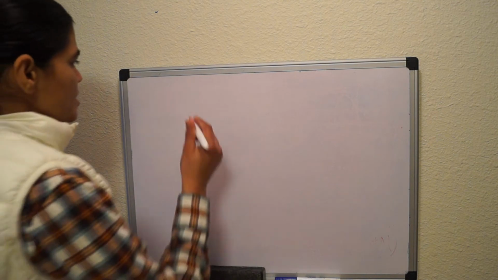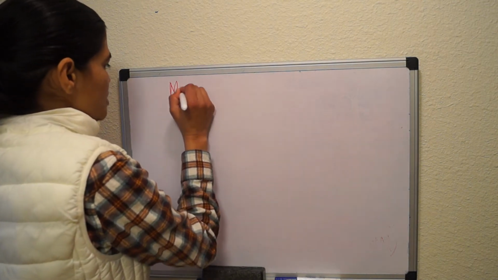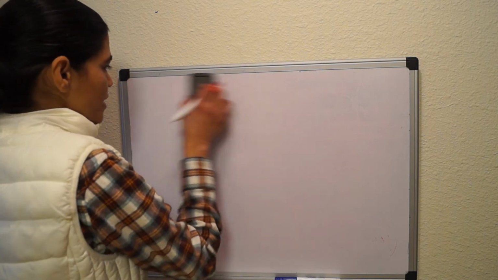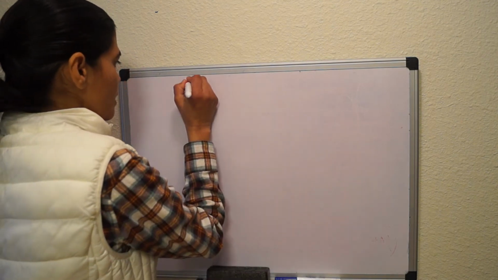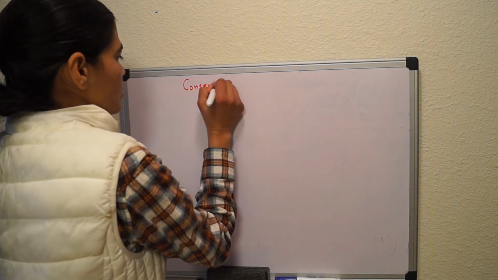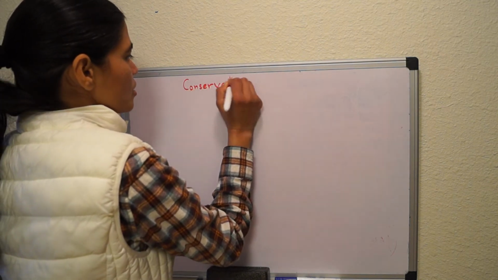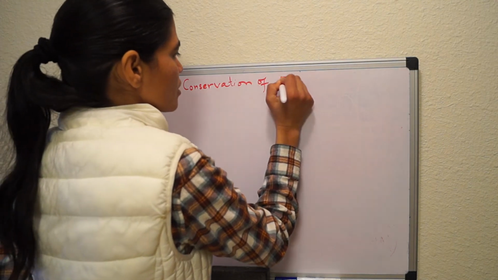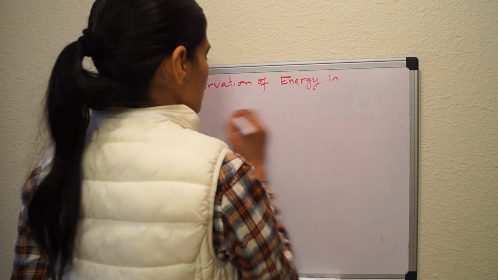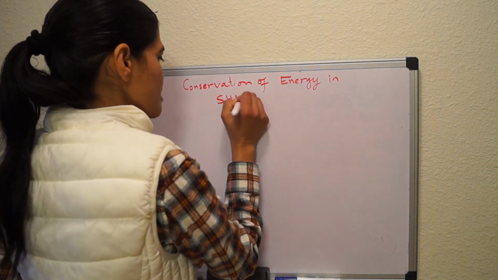Okay guys, so let us look at the mass spring system again. Actually, before I say that, let us look at the topic: conservation of energy in simple harmonic motion, SHM, okay?